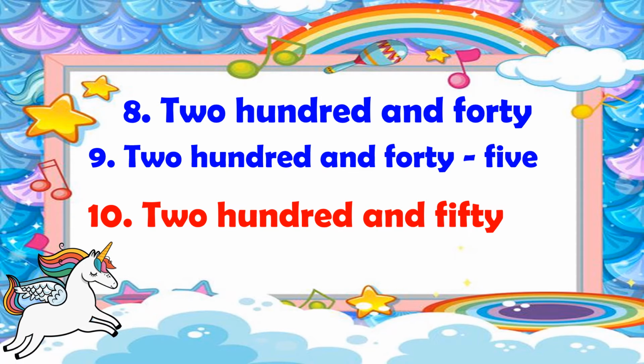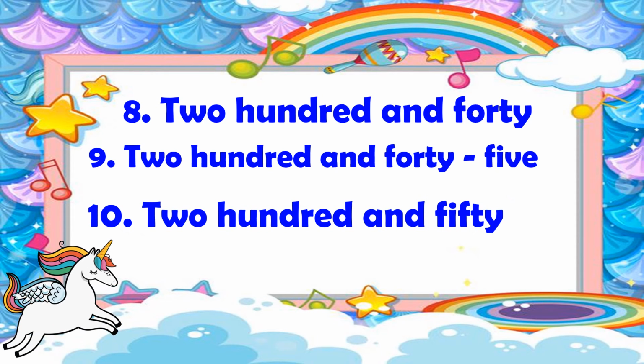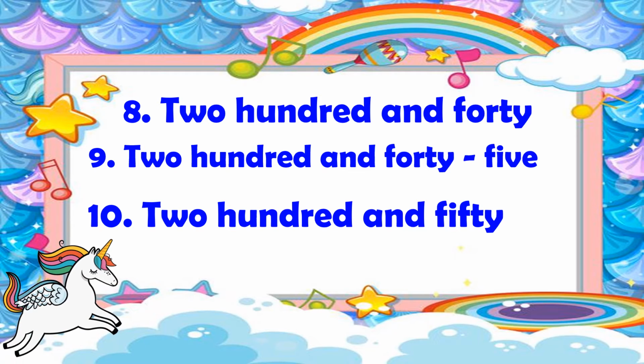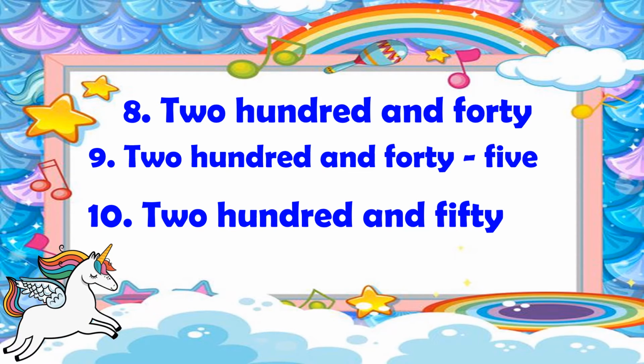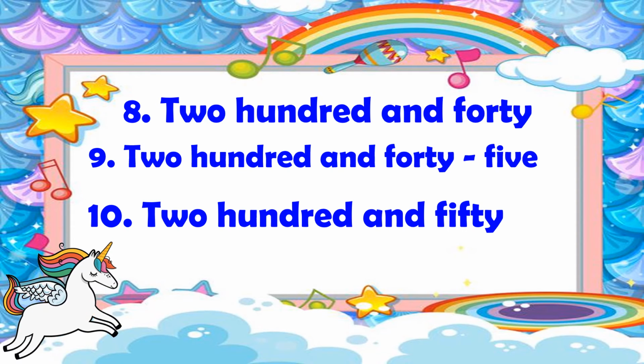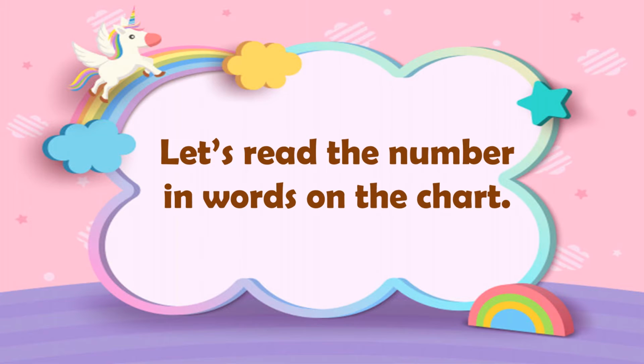T-W-O-H-U-N-D-R-E-D-A-N-D-F-I-F-T-Y. How can you read this word again, students? 250. Okay, students, these are the 10 vocabularies related to how to read and write the numbers from 205 to 250. Let's read the numbers and words on the chart.